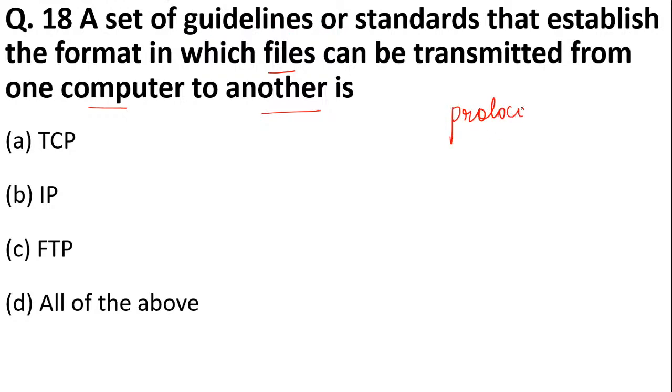It literally means a protocol. So what is a protocol? It is a set of rules or standards. So which of these helps for the transmission of files from one computer to another? It is called file transfer protocol. It is used for transferring files.